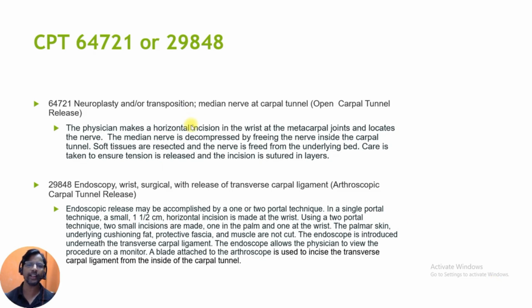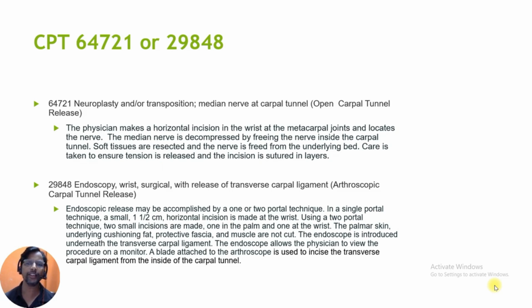In the open procedure using 64721, you will see documentation where the surgeon mentions, I have created the incision at the wrist area on the metacarpal joints and I have identified the carpal tunnel. Then he will release or decompress the median nerve by freeing the nerve. In order to decompress the median nerve, he will remove the soft tissue surrounding the median nerve.